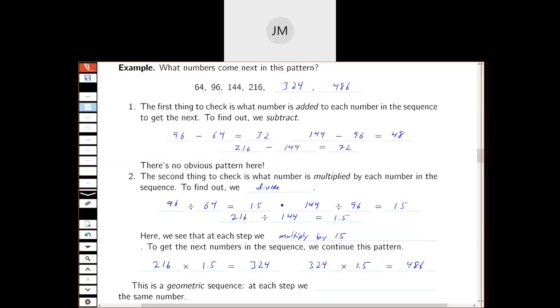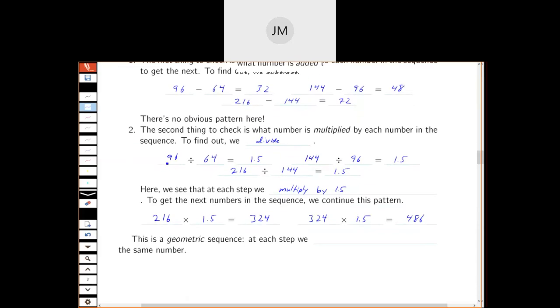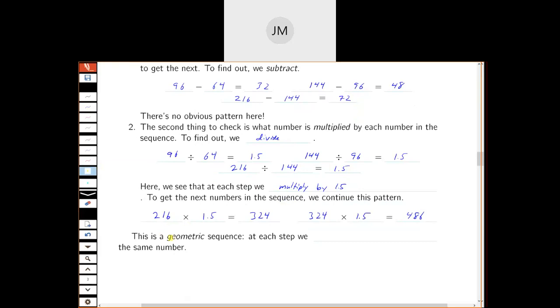Okay, and this is called a geometric sequence. At each step, we're multiplying by the same number.